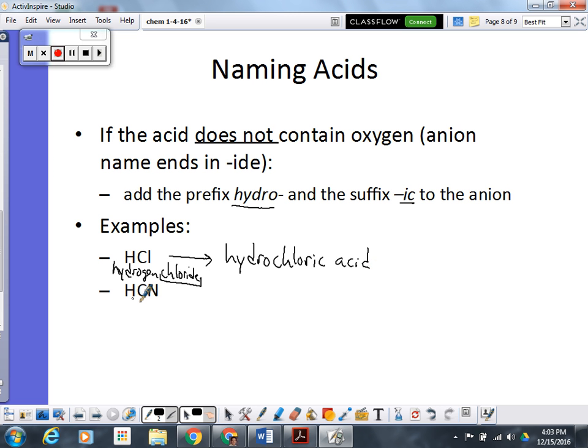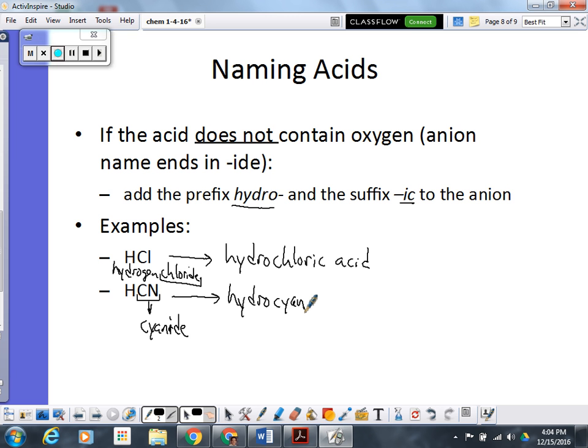This also works even though this is a polyatomic ion, one of the ones that ends in IDE. That polyatomic ion is cyanide. You notice the ending is IDE. There's an H in front. This is an acid, so to name it as an acid, I take the name of the anion, cyanide, put a prefix in front of it, hydro, cyan.